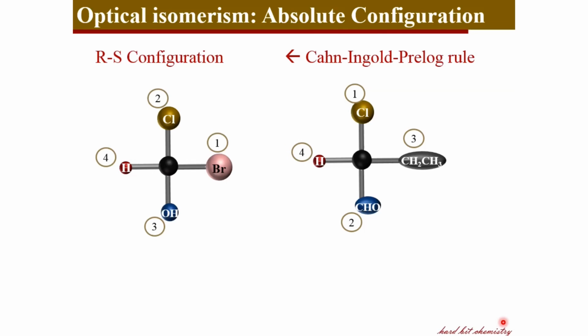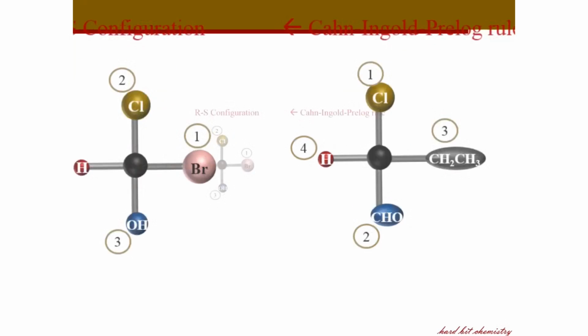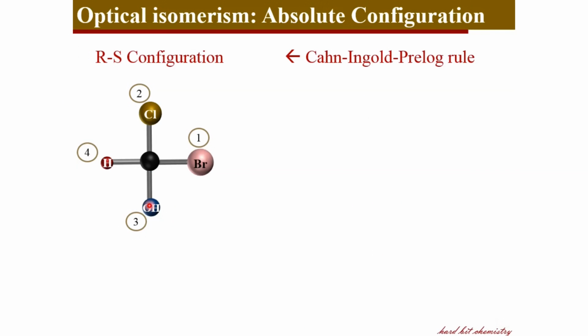So likewise, based on this kind of rules, you can number the substituent atoms or groups, and after numbering, you should bring the lowest priority group to the back side, or in the Fischer projection to the lowest vertical part. In order to bring this lowest priority group, hydrogen, to the lower part here, you need to exchange it with the hydroxyl group.